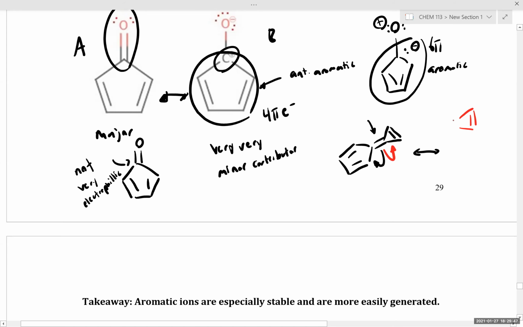So if we pushed it to the right, we'd end up with a structure that looks something like this. So we have a lone pair here, and we have a cation here. So are the ring systems that we're dealing with here aromatic or anti-aromatic? Anti. Anti, yep.